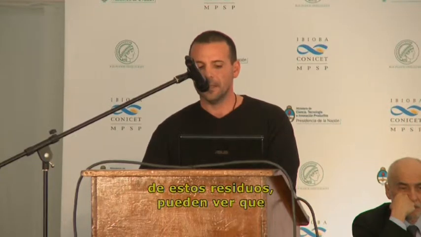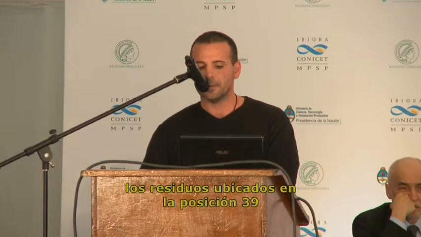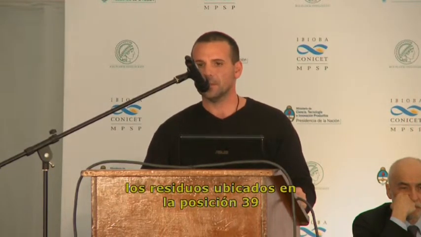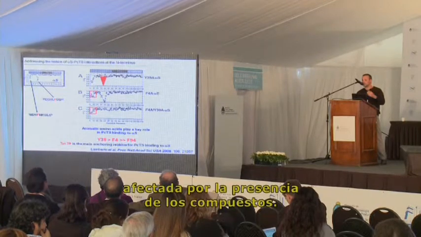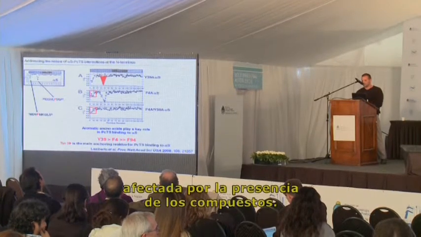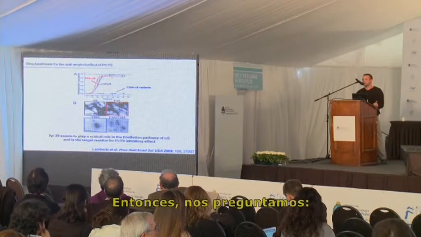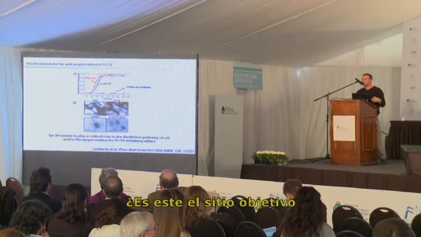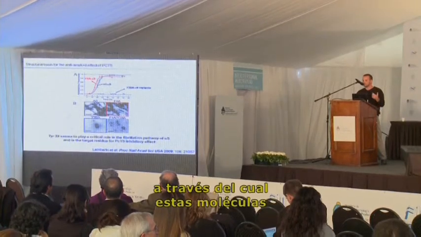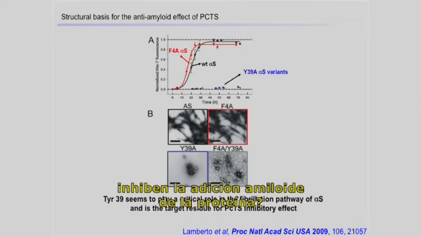You can see that the residue located at position 39 turned out to be the most affected. The region containing this residue is the most affected by the presence of the compound. So we wondered, is this the target site through which this molecule inhibits the amyloid aggregation of the protein?